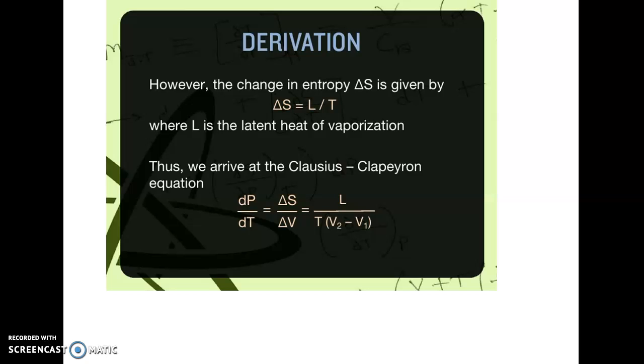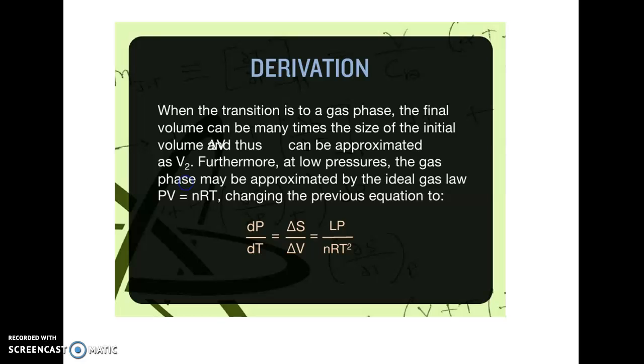Therefore, we arrive at the Clausius-Clapeyron equation: dP upon dT is equal to delta S upon delta V, which is equal to L upon T into V2 minus V1. When the transition is to a gas phase, the final volume can be many times the initial volume, so it can be approximated as V2 only.